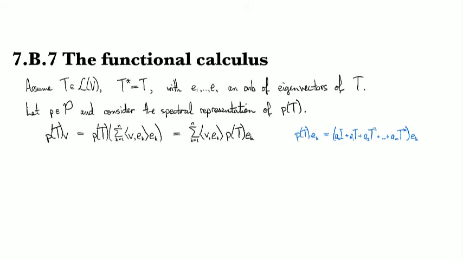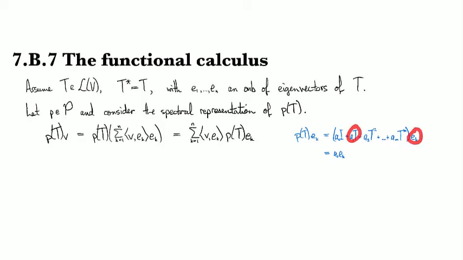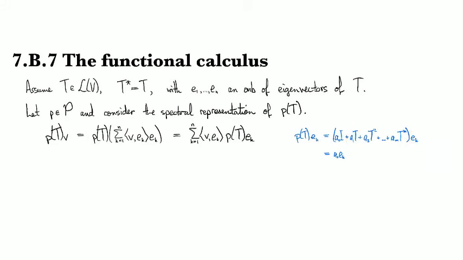So when we do the constant term times EK, we're just going to end up with A0 EK. And then when we do the linear term times EK, using the fact that EK is an eigenvector, we're going to get A1 lambda EK.